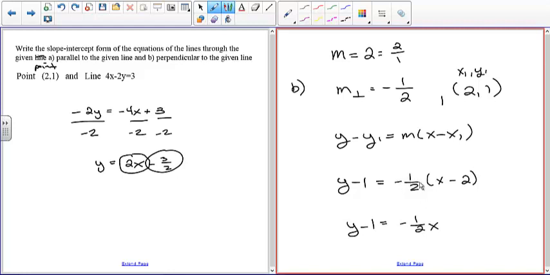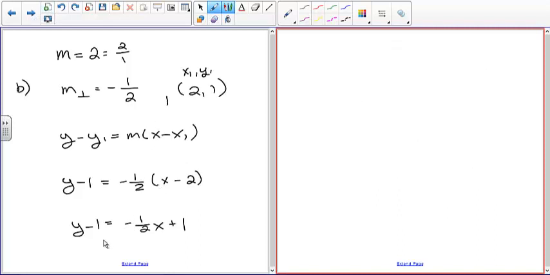Get -1/2 times -2 is going to be +1. 2's cancel out, negatives cancel out, you're left with 1. Then what we'll do is we'll move this -1 to the other side.